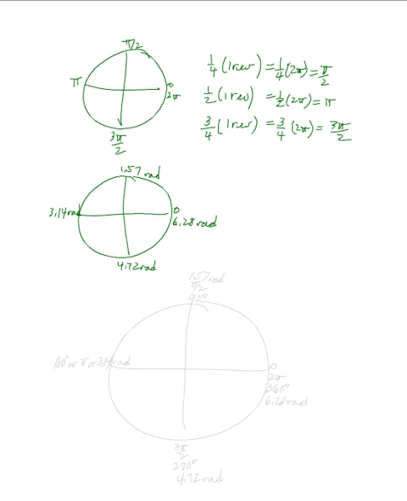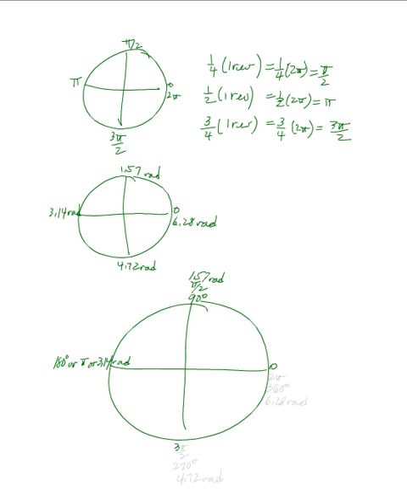So combining all of this, what you should keep in mind always when you're working on locating angles on the circle are these points of reference. 0 degrees, this is 90, pi over 2, 1.57 radians. This is going to be 180 degrees, or pi, or 3.14 radians.